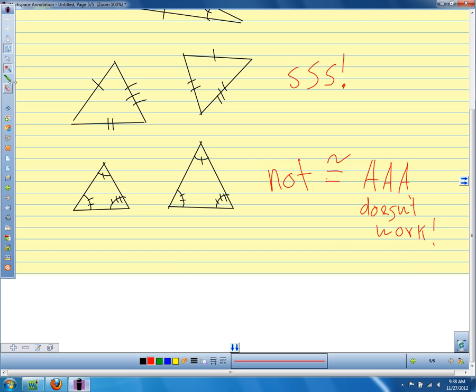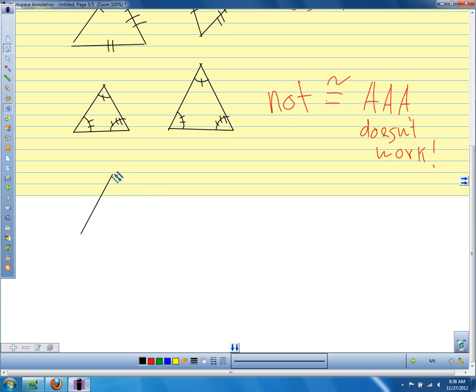All right, one more. Actually, I have a couple more. So here are my triangles here. How about these? Angle, side, angle.